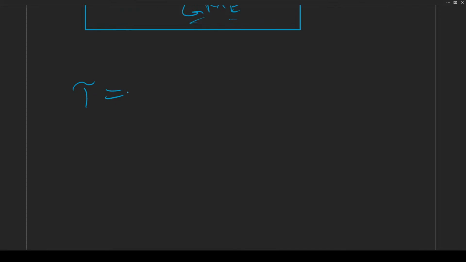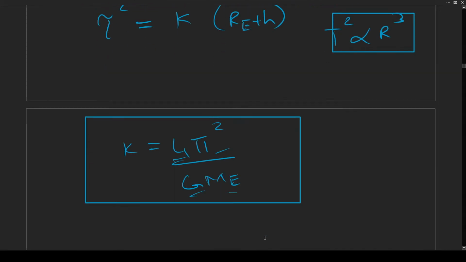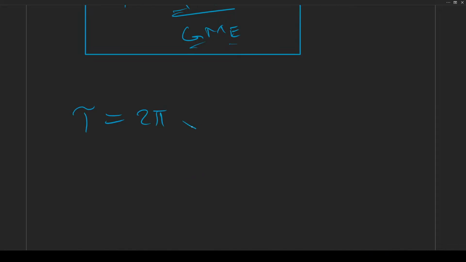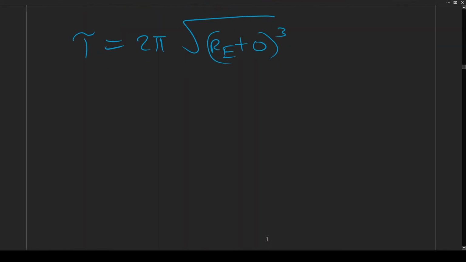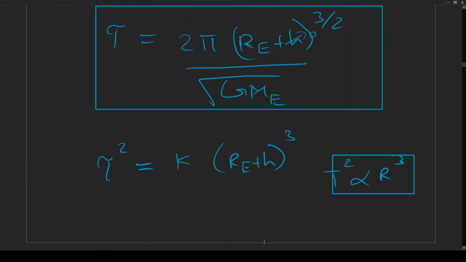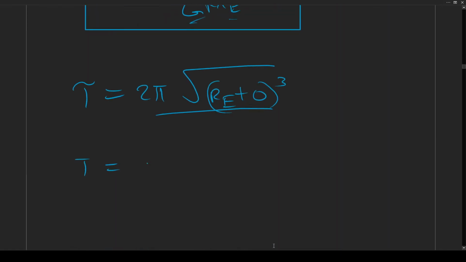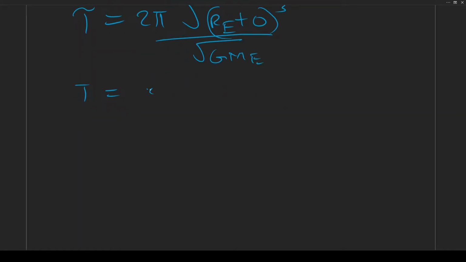We'll get t which is equal to 2 pi root of RE plus 0 whole cube by root of GME, which we can write as root of RE whole square into RE by GME.